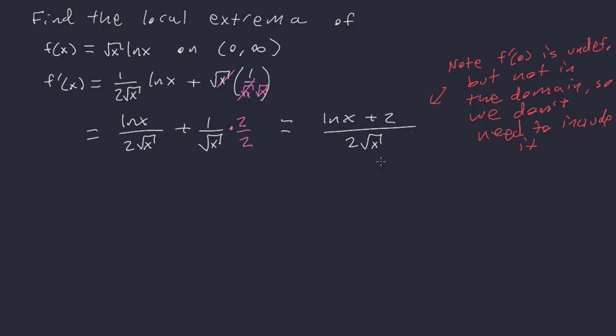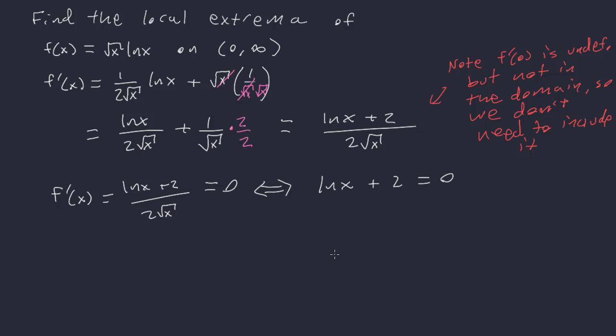So what we really need to do now is set f prime of x, which is the natural log of x plus 2 over 2 root x, equal to 0, which basically means we're really just considering the natural log of x plus 2 equal to 0.